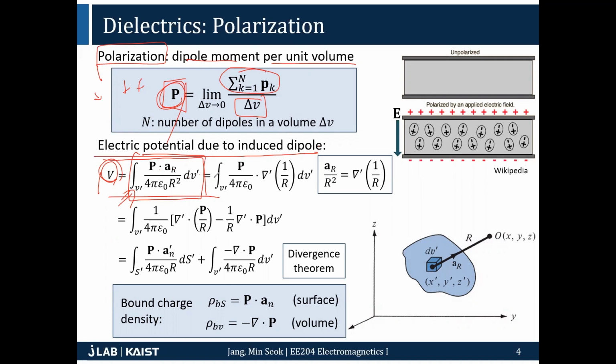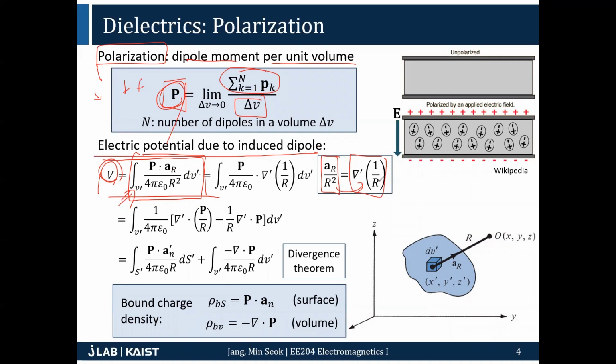And now this part, the a_R direction divided by R squared, can be written as this. This is just a vector relation, so you can just take it as true.